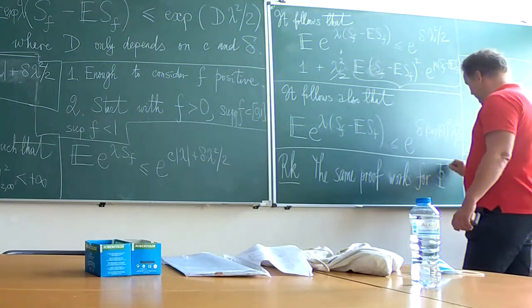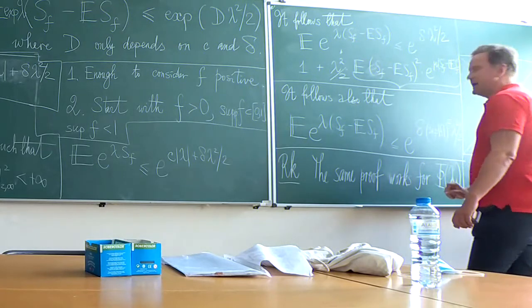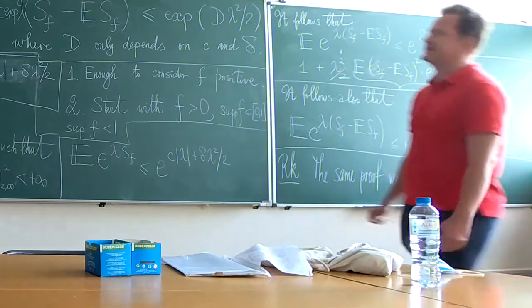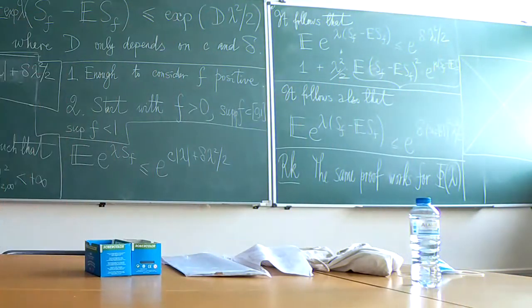The only thing one would need, under the following assumptions, is that phi lambda has to be near 0, less than a constant.